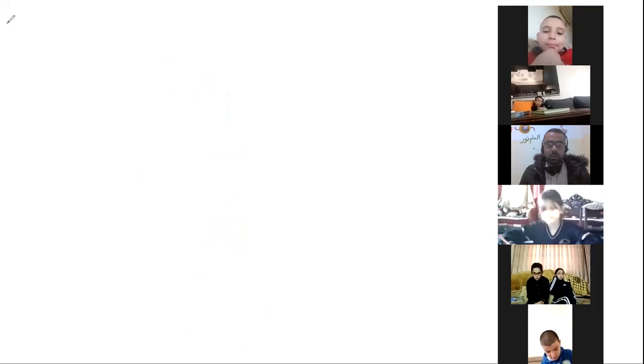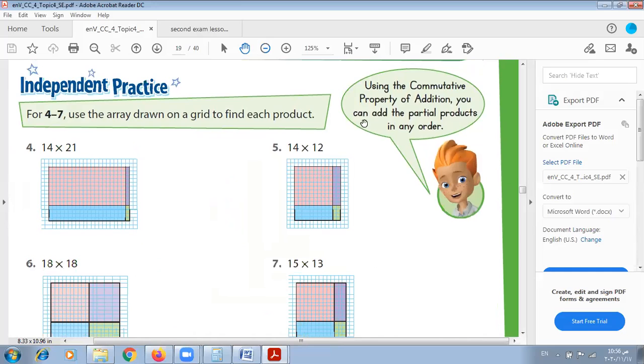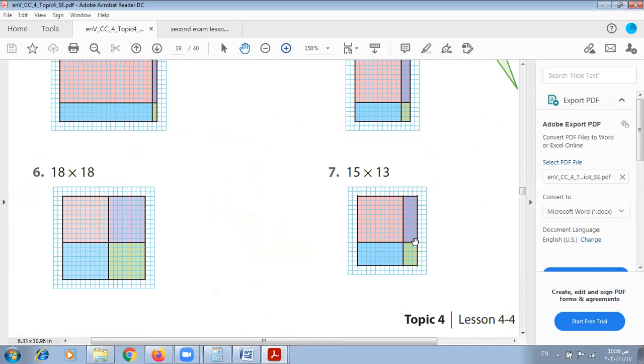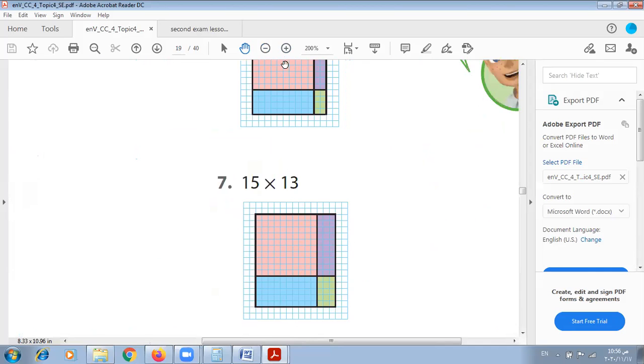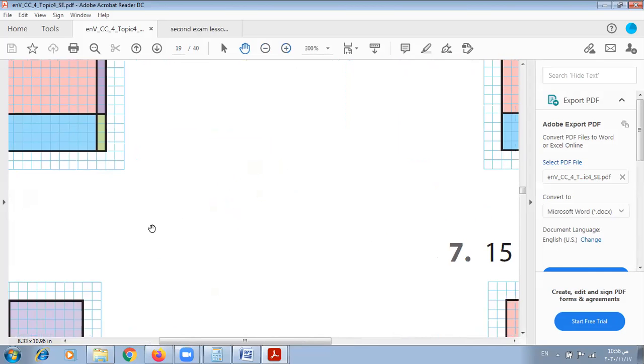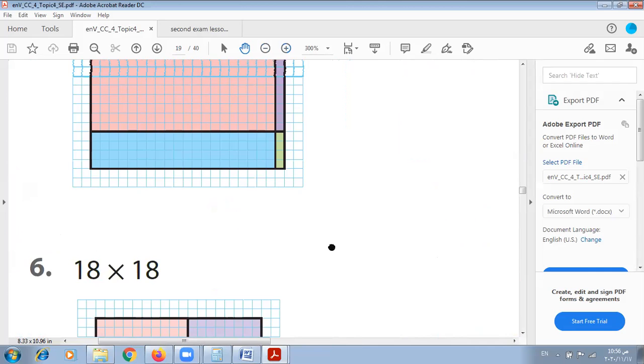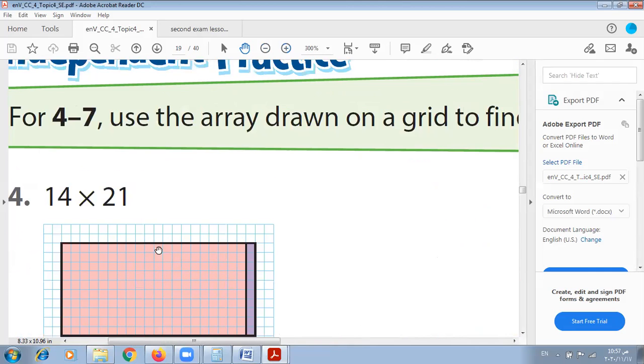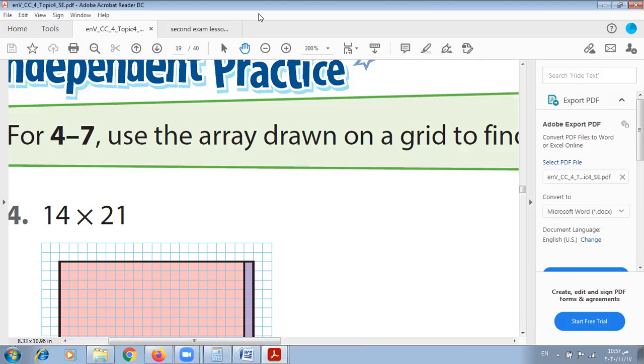Ah, okay. Which page? 143. Yeah, this. Don't look for this. Just do the multiplication. Just do the multiplication like here, 14 times 21. Don't look for this. Just do the multiplication.